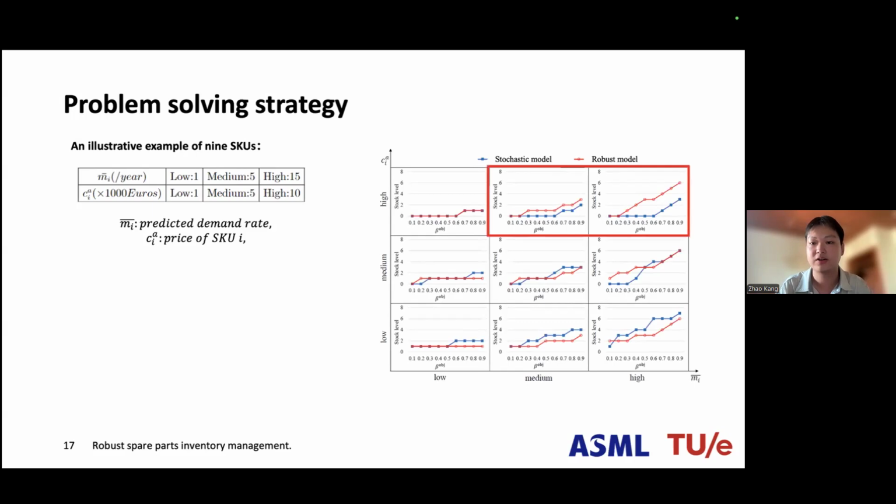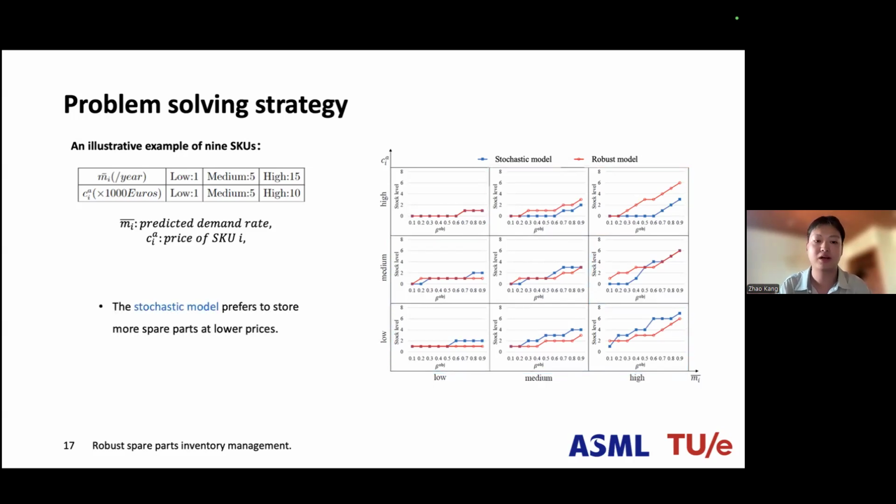It is clear that for most of the expensive SKUs, the robust one will have higher stock levels than the stochastic model when we're increasing the target fill rate. And for most of the cheap SKUs, the greedy algorithm of the stochastic model will usually stock more. We also find that for the same class of demand rate, the increase of the stock levels for the robust model shows a similar trend.